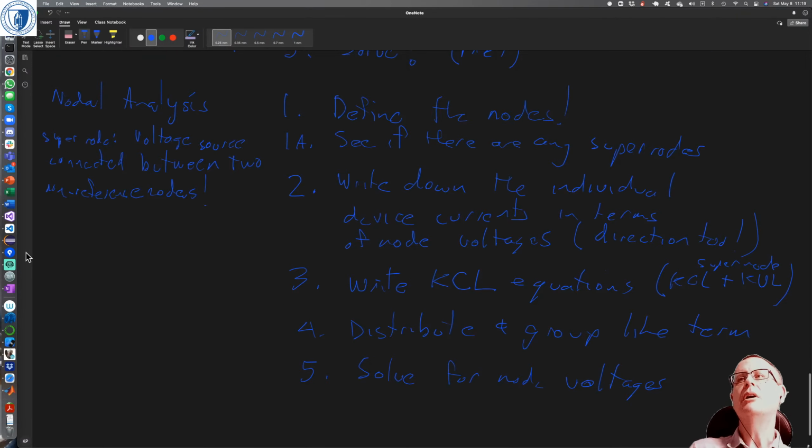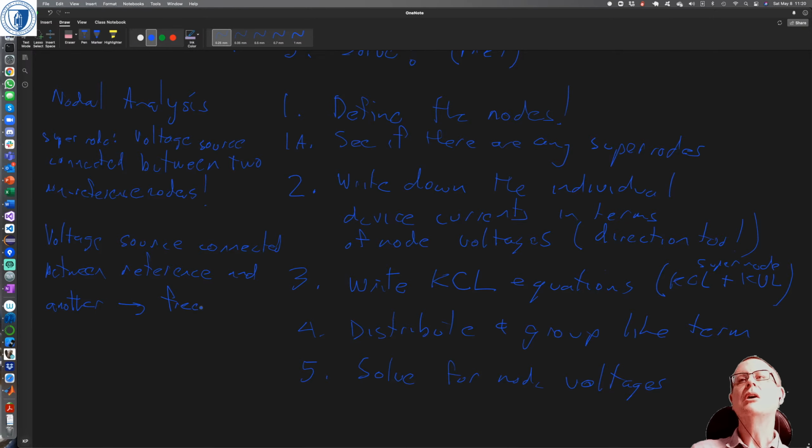Similarly, for a supernode, if we have a voltage source connected between the reference node and another node, then that's another freebie.